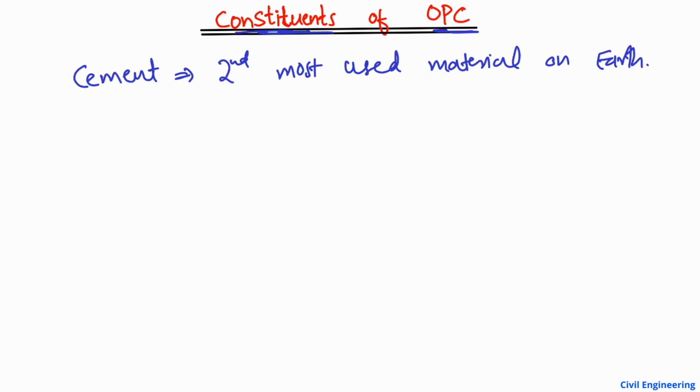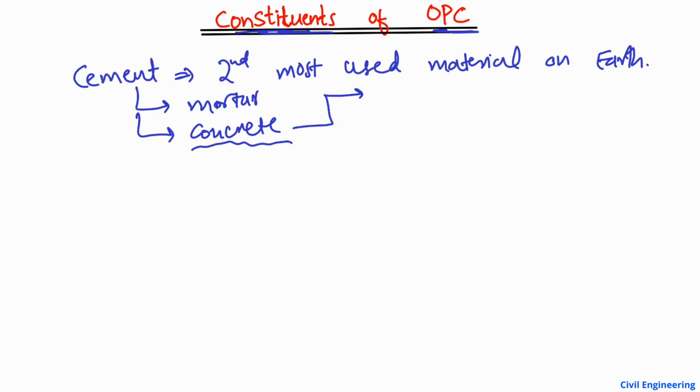So it means it might be used in mortar, it might be used in concrete form, and so on. And we know that concrete is used in the construction of different buildings, bridges, tunnels, residential buildings, highways and motorways, and so on.